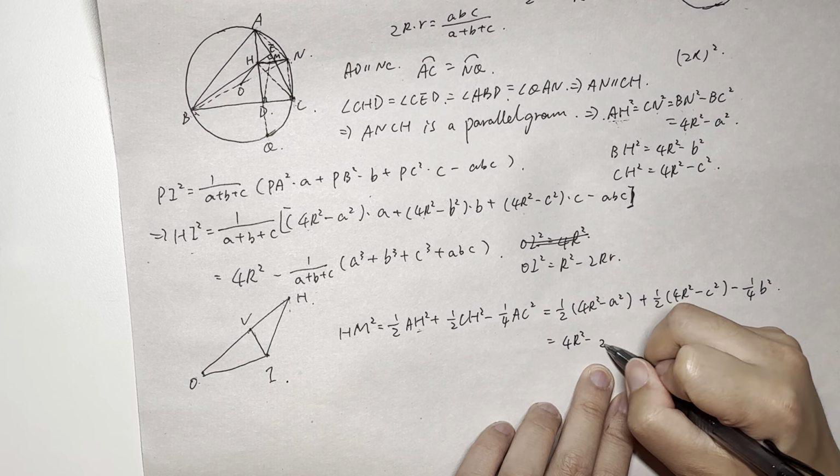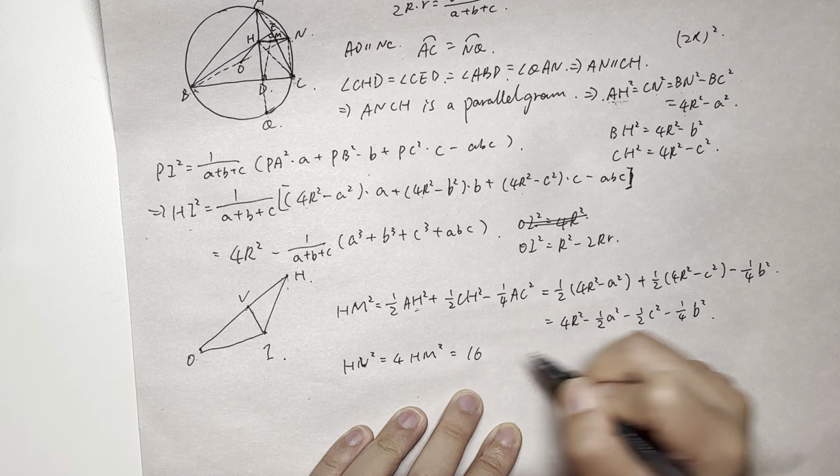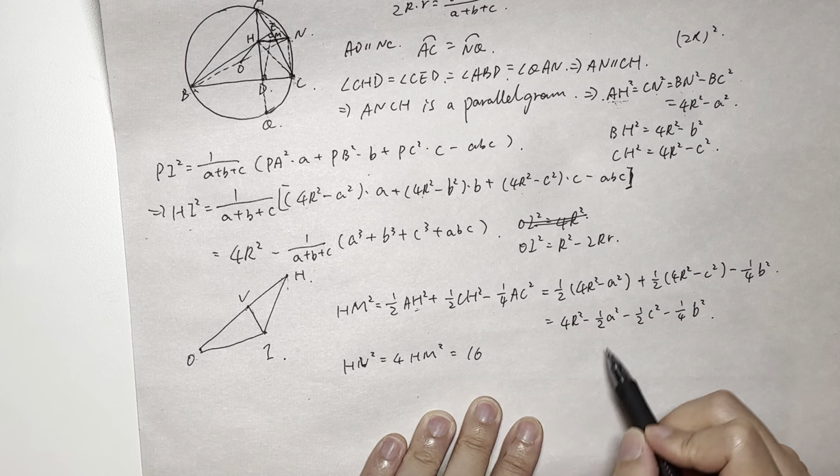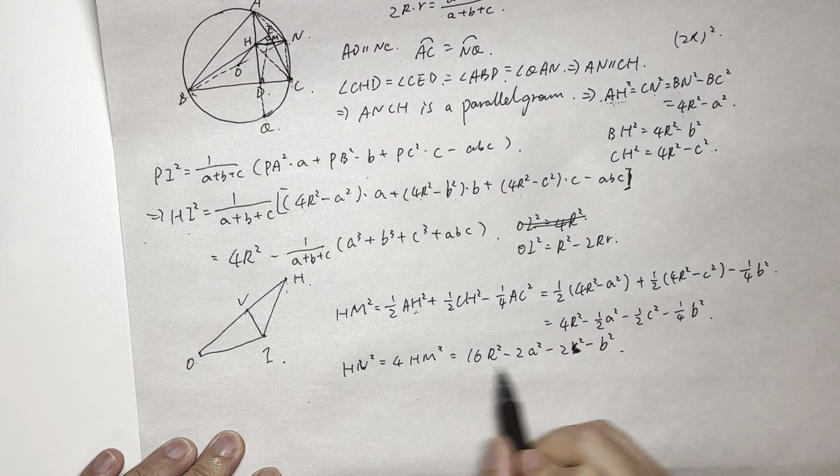And we know that HN square equals 4 times HM square, which equals 16R square minus 2A square minus 2C square minus B square, right? That is HN square.